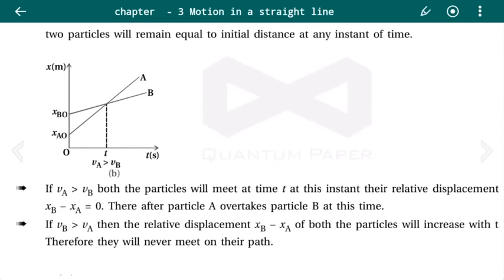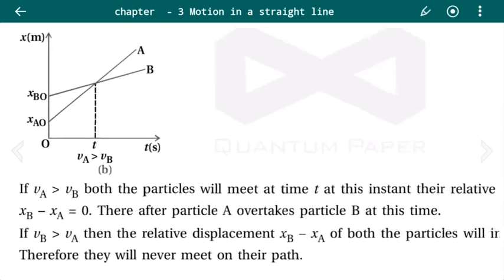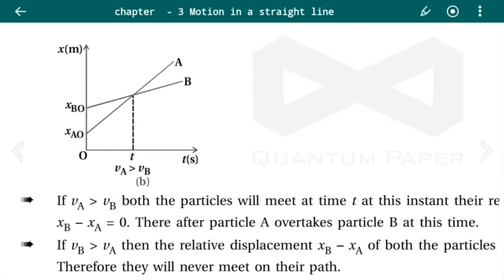Now for the second case, when va is not equal to vb. As shown in the graph, x is the displacement or the position of the object along the y-axis and t is the time taken along the x-axis. So what will be the case if the velocity of particle A is greater than particle B?